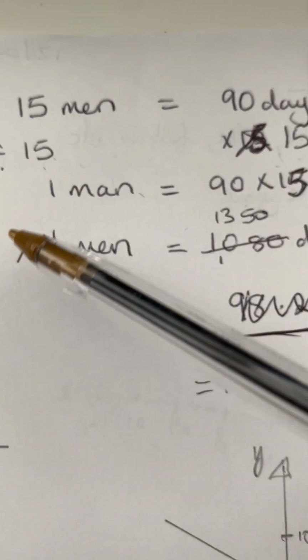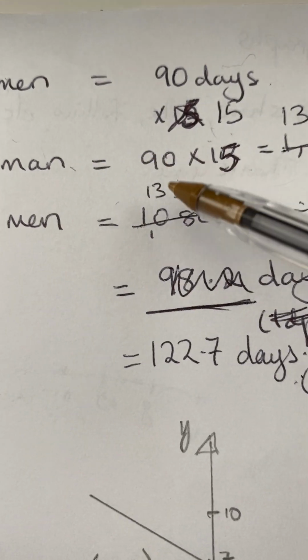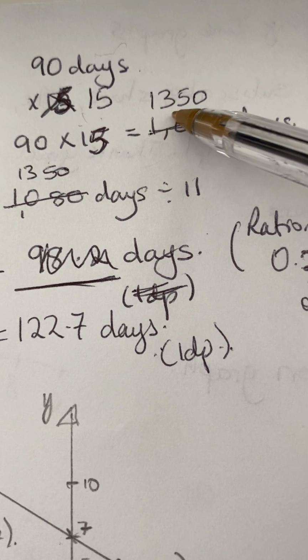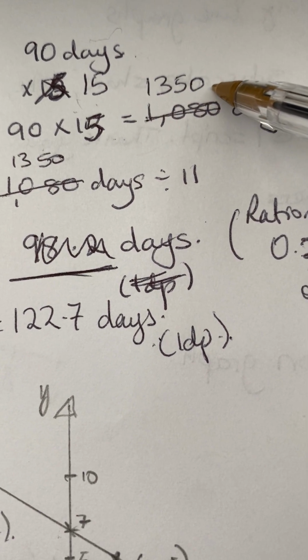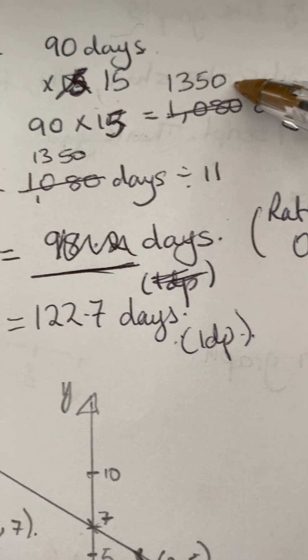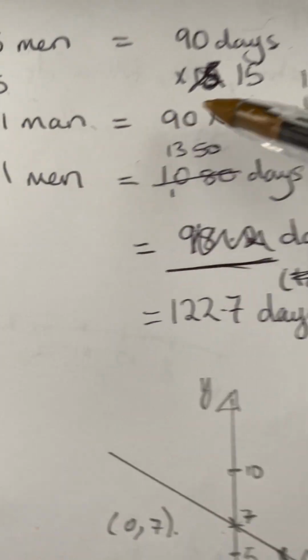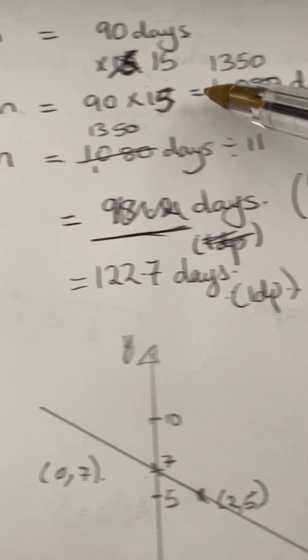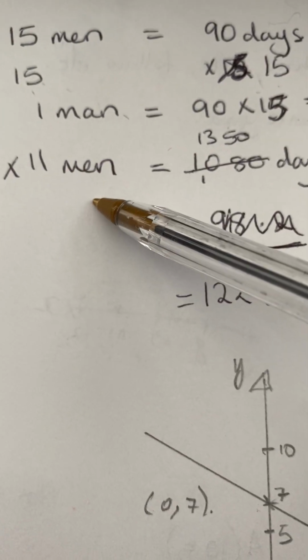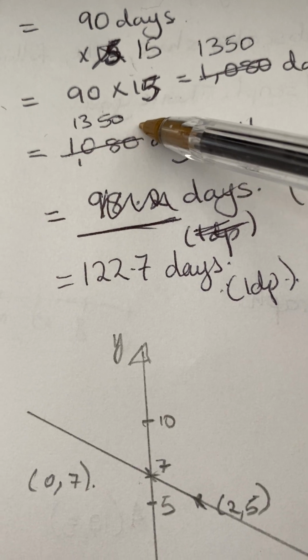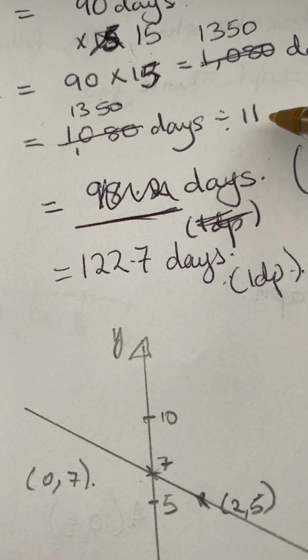So it means 1 man, 90 times 15, will build it in 1,350 days. So if 1 man will take this, then 11 men will take 1,350 days divided by 11.